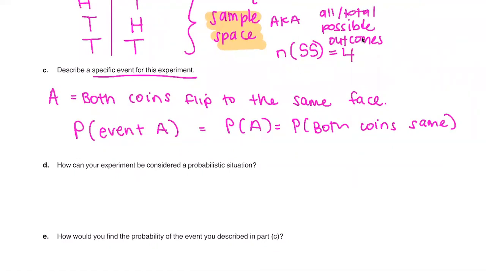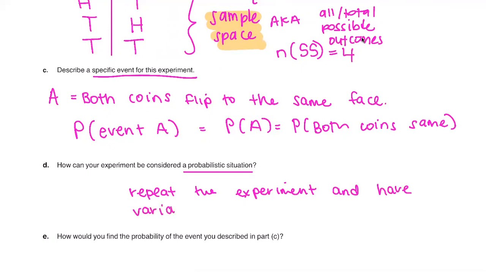It's probabilistic because we don't really control it. Anything is possible. This could or could not happen. There is some flexibility in why it's a probabilistic situation. So we can repeat the experiment and have variability of results.